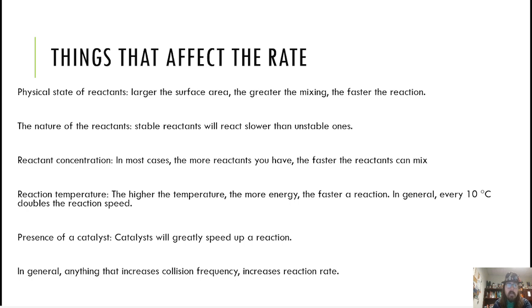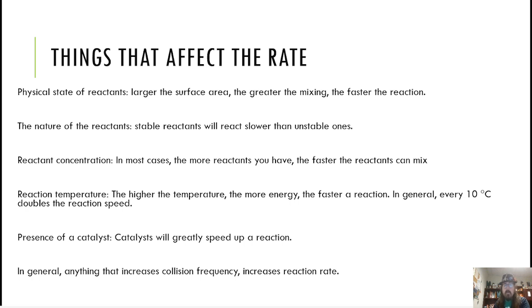The other major thing is concentration. Greater concentration usually means greater reaction speed, because the likelihood that molecule A is going to bump into molecule B depends on how many molecule Bs you have floating around. Now, temperature is another thing we can easily control.